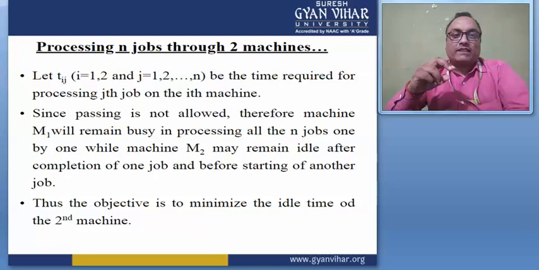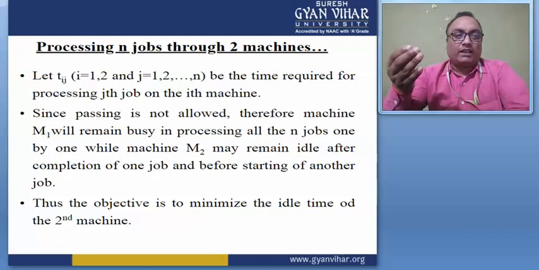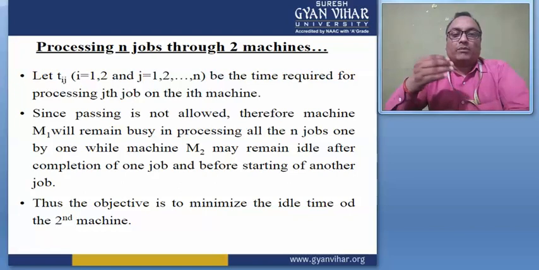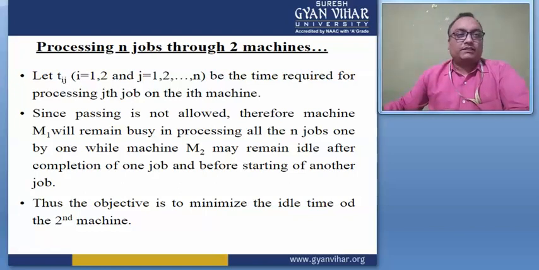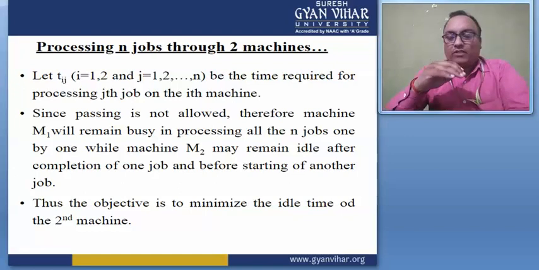Since passing is not allowed, machine M1 will remain busy processing the n jobs one by one, while machine M2 may remain idle after completion of a job and before starting of another job. Thus the main objective is to minimize the idle time.